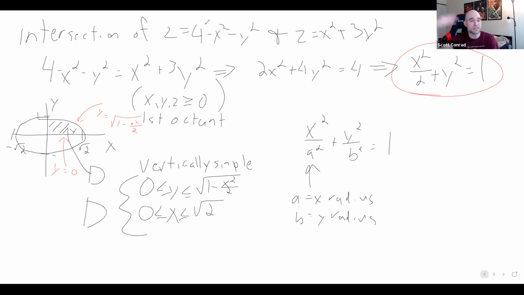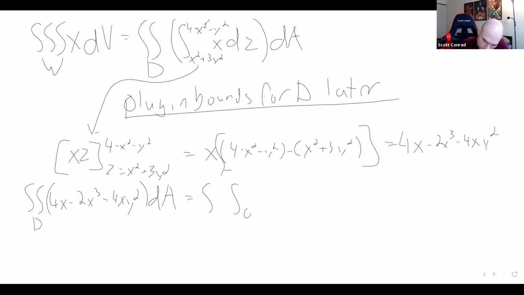We figured out D is vertically simple, also horizontally simple if you want. And y lies between 0 and square root of (1 minus x squared over 2), and x lies between 0 and root 2. So plug those guys in. We integrate with respect to y first, because we're treating it as vertically simple.